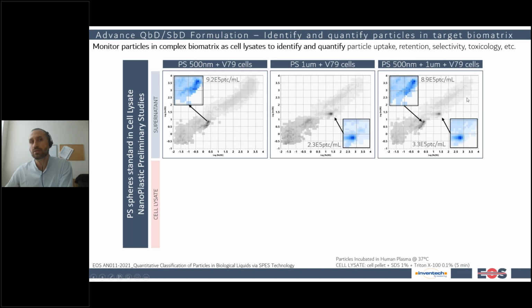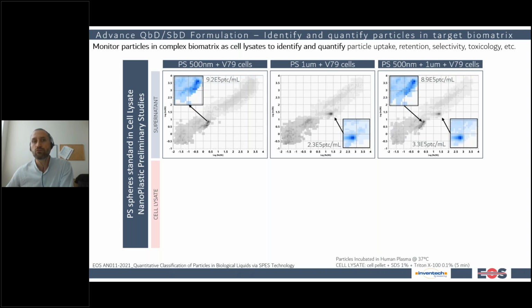So in this very complex system where there is a huge mass of particles, different kinds of particles, different kinds of biological corpuscles, plus a mix of 2 different kinds of polystyrene spheres, we are able to resolve the presence of the 2 particles of interest, let's say the 2 nanoplastics in these cases, quantify them, size them, regardless of the presence of a very broad population and contribution from the surrounding liquid.